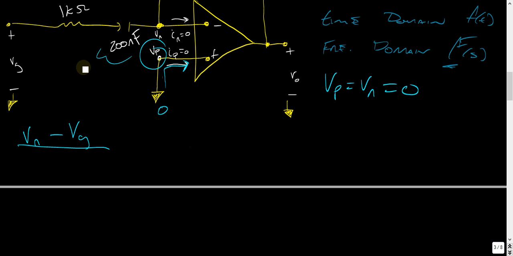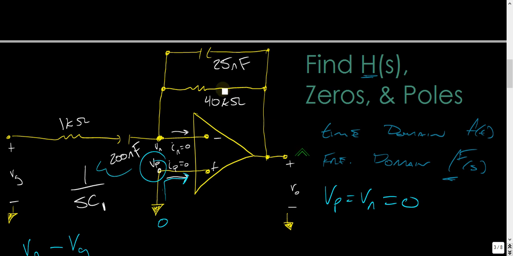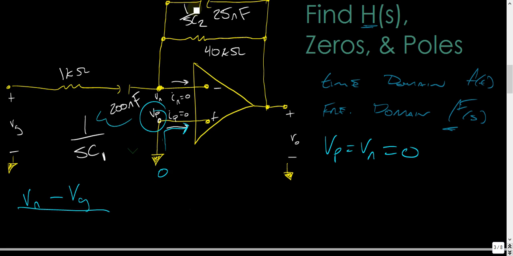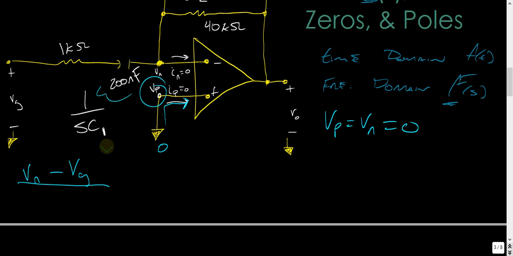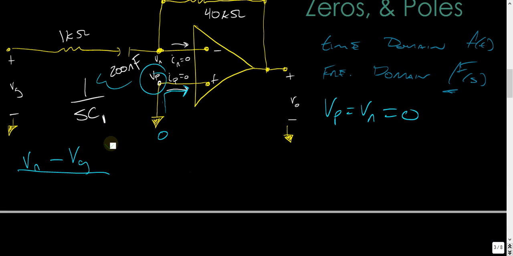I need to change it into impedance. Instead of using numbers, because everything gets hairy when you start using numbers, go figure, it's math, I'll just use some variables, and I'll just keep it at SC1 here because we have another capacitor right here, and this one I'm going to put 1 over SC2. I could just plug the numbers in, but we could use these, and it might be easier. I certainly think it is.